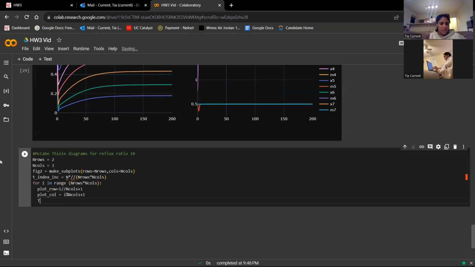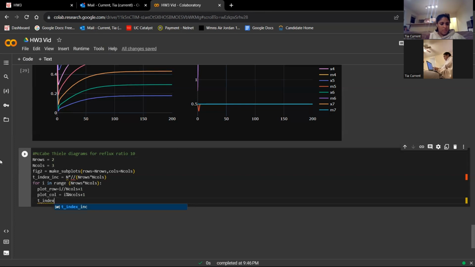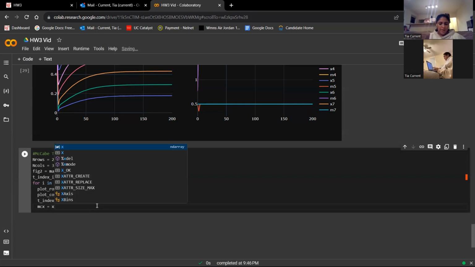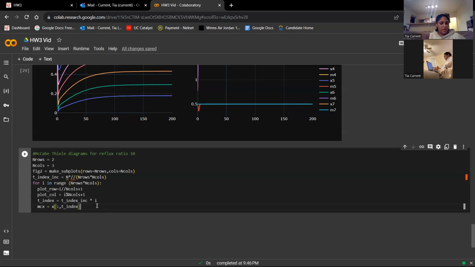And then t_index equals t_index_inc times i. Cx equals x[t_index], close my bracket. Cy is equal to Cx minus Cx plus.